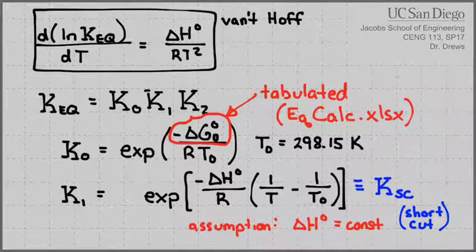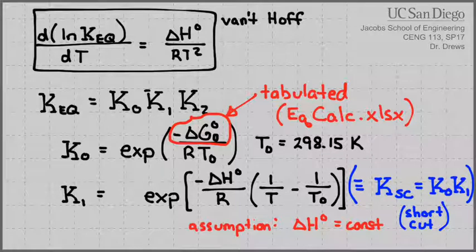K naught's not supposed to be squared. You all have erasers, right? So I didn't do anything that you can't do. This is k naught k1. That's a little bit more clear.